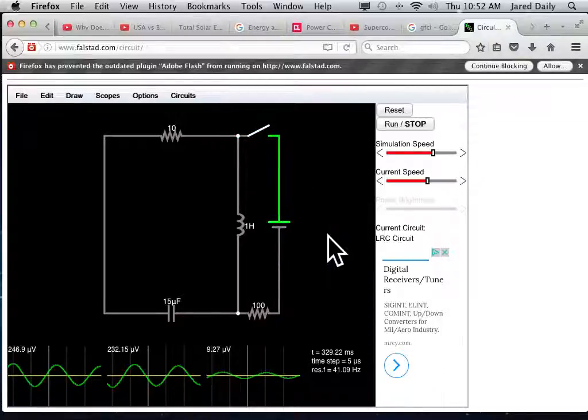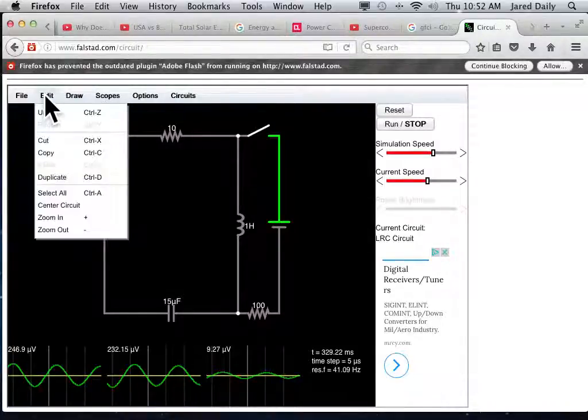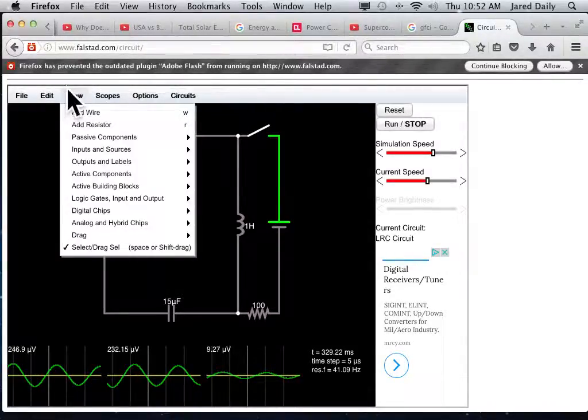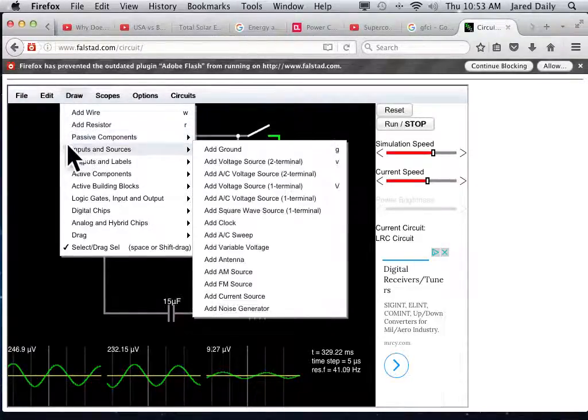I wish that they actually had this connected to an RC. Let's see if I can change something here. I don't think I can. Oh yeah, I can. So let's add an input. See if they have an antenna. Yeah, they have an antenna right here.